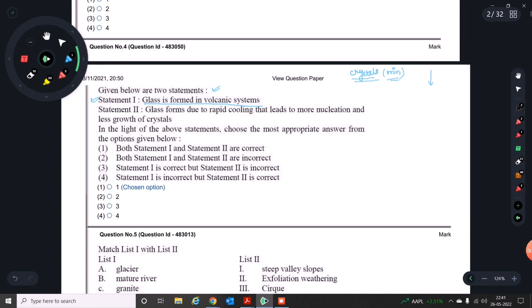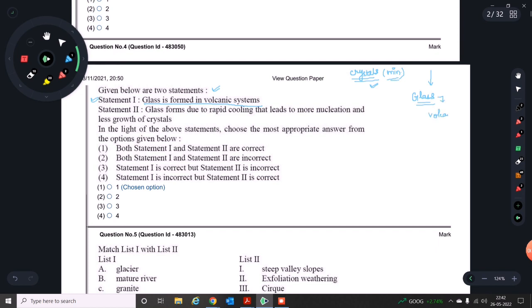In volcanic systems, due to the rapid, sudden cooling of the magma, it doesn't have enough time to form crystals. So there is no time for the growth of crystals. In that case, we have glass that forms due to rapid cooling.